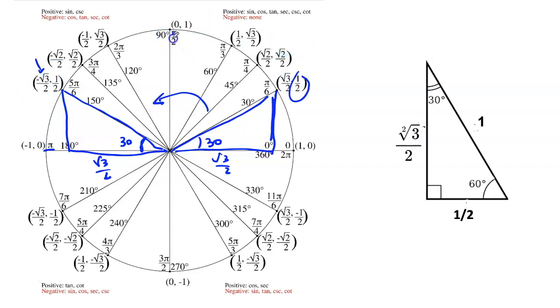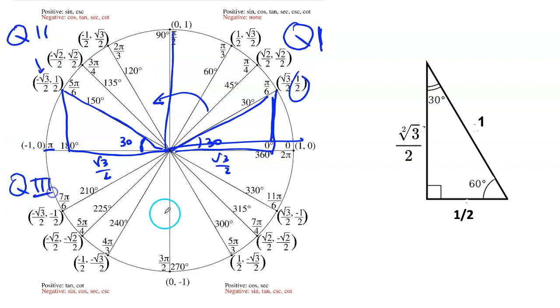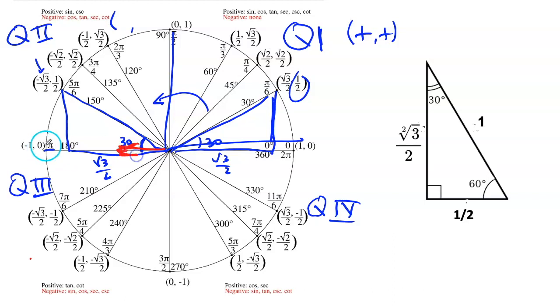This part is Q1. This is Q2. This is Q3. And this is Q4, right, from geometry. In Q1 my signs are positive, positive. That's why all of these coordinates are positive, positive. Q2, the x goes this way, so the x is going to be negative, and the y goes up, which is positive.